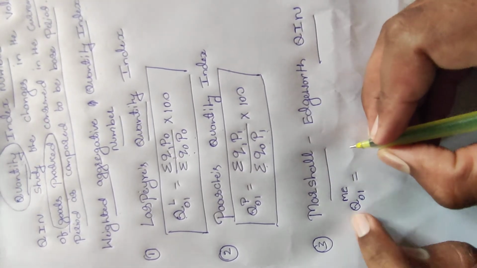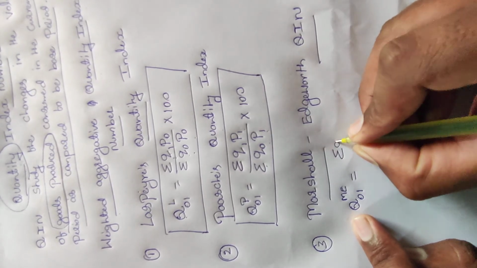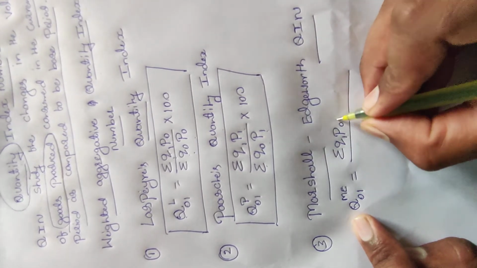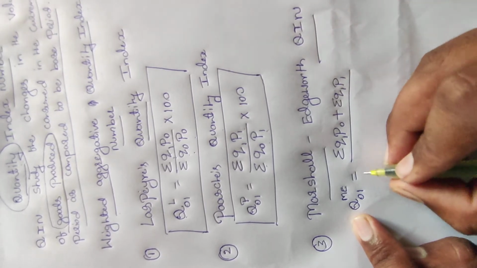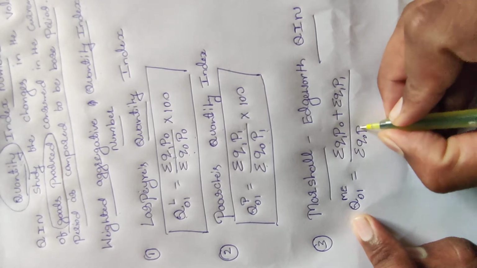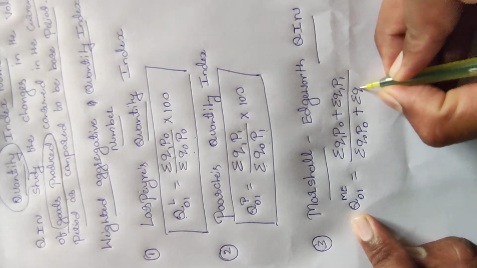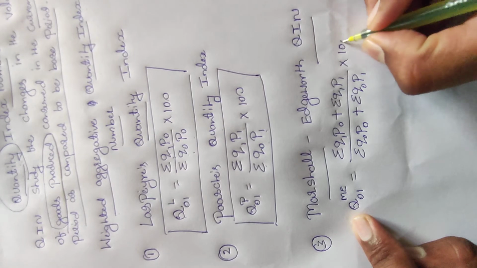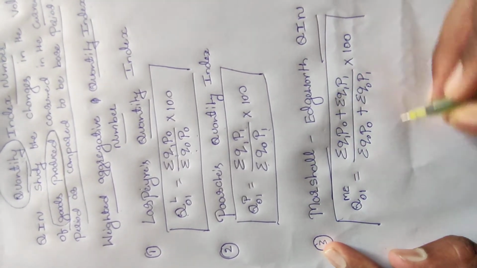The formula is summation of Q1 P0 plus summation of Q1 P1, divided by summation of Q0 P0 plus summation of Q0 P1, into 100. This is the formula for the Marshall Edgeworth quantity index number.